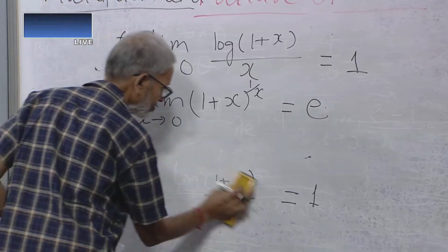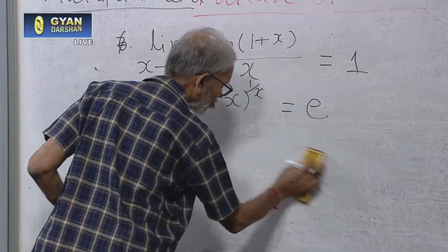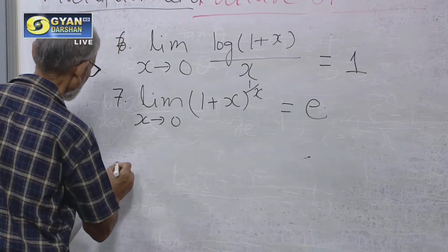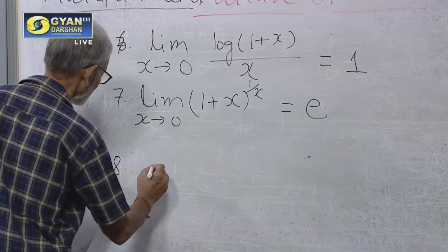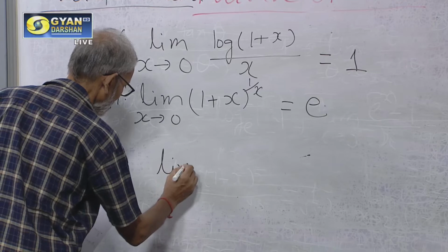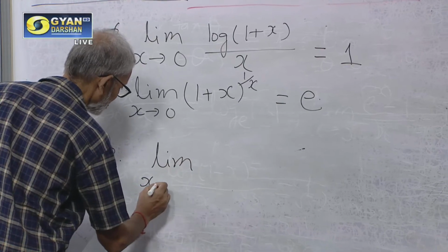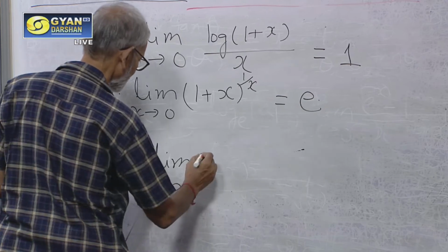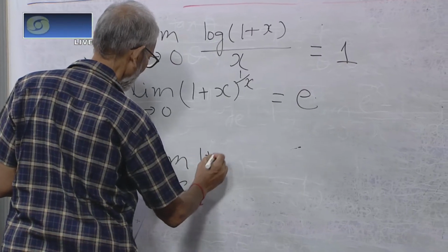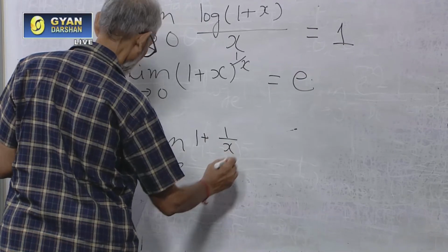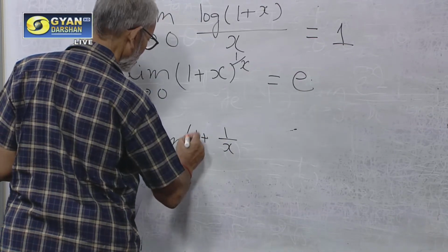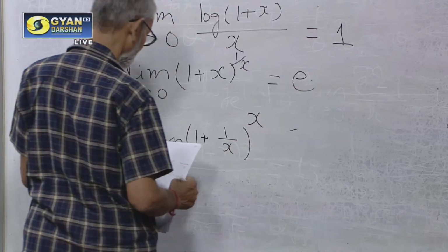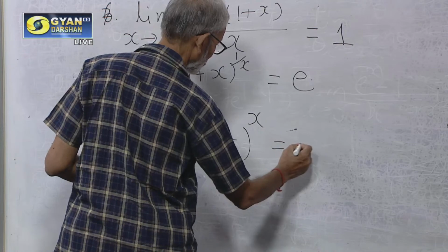And finally, the last formula you should remember is limit x tends to infinity, (1 plus 1 by x) to the power x is equal to e.